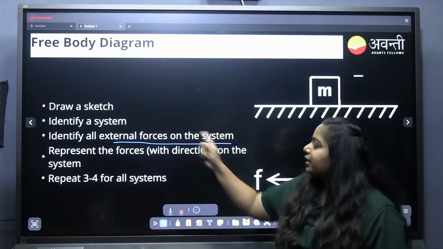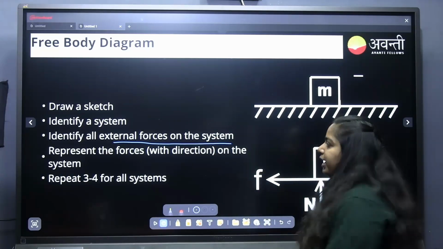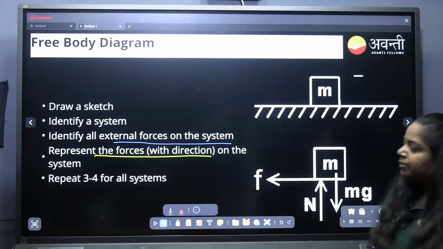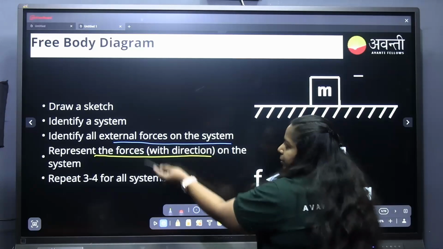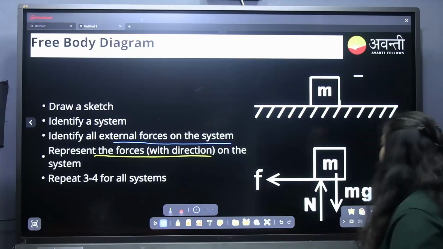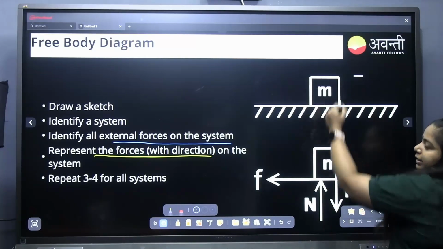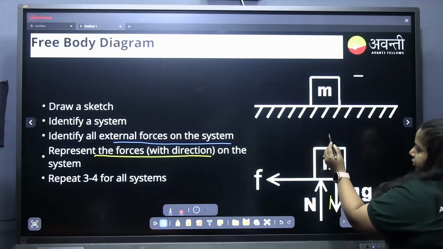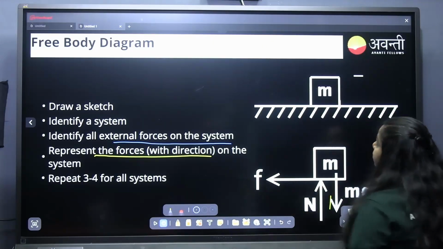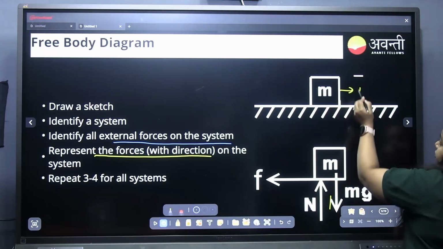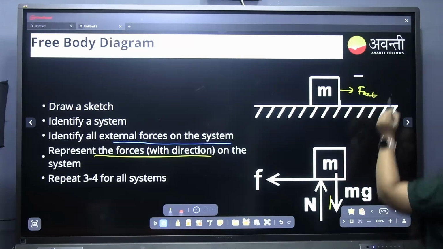We only consider external forces acting on it and represent the forces with their direction on the system. Then keep repeating this separately. Here there is only one mass. mg is acting downwards, normal force is acting upwards, frictional force is acting in this direction. So these are the forces. We are assuming that an external force F external is in this direction.